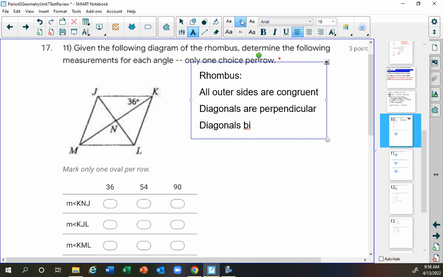Diagonals bisect each other. Now, beware, are the diagonals congruent to each other? Not necessarily. Diagonals are not congruent.